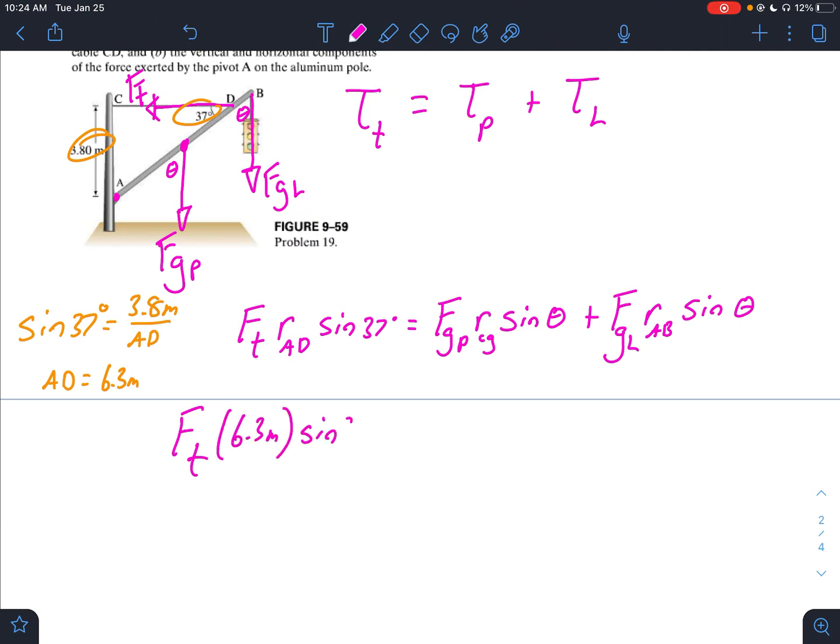I know sine 37. FG equals mg. So I'm going to take the time to write that out.